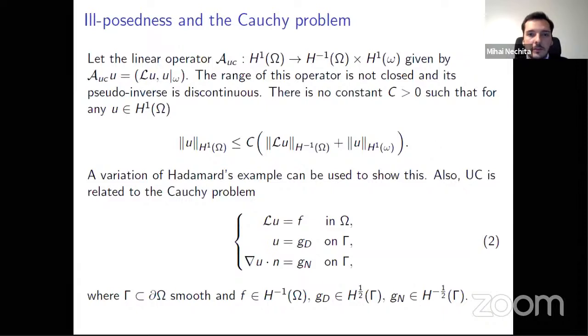Now this can be proven, for example, by a variation of Hadamard's example, and making the connection that this unique continuation problem is very much related to the Cauchy problem, which reads as in the system of equations 2, where again we have the PDE in the whole domain, but now we have Dirichlet and Neumann data on a subpart of the boundary.